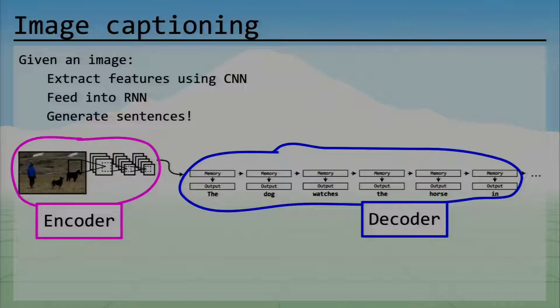So we can update all of these weights in both the convolutional network and our decoder to produce better sentences, or to produce the sentence that we actually wanted when we feed in a particular image. And by doing this, we train the entire system to perform this task of image captioning.